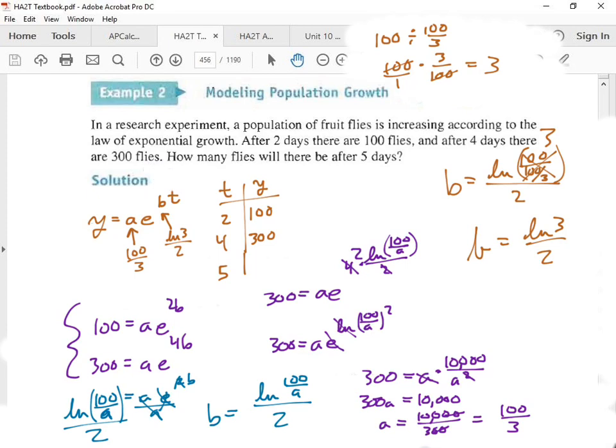Let's rewrite it so it looks pretty. We have Y equals 100 divided by 3 times e raised to the 5 times natural log of 3 divided by 2. Oh, man, I could barely see this dude. All right, can you guys plug this into your calculator and see what you get? Because that's going to give us our answer.